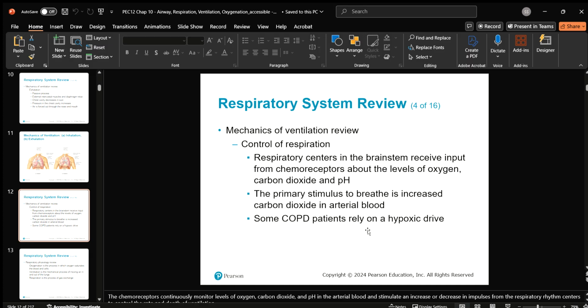They typically have a very high level of CO2 in their bloodstream because their body relies on a hypoxic drive, not a hypercapnic drive. Yes, in COPD patients, they have much more CO2 in their bloodstream. For us, when our CO2 gets too high, our brain says, hey, breathe more, breathe faster, breathe deeper.